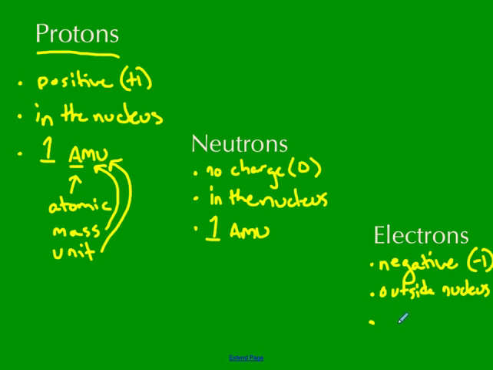So therefore, because they're almost 2,000 times smaller, we say that they are more or less 0 AMU. So they have no mass, or they are massless in terms of atomic mass units. We know that they do have mass, but it's so small compared to the other two that it's not going to affect the atomic mass as much. Alright, so once again, that was charge, location, and mass for each of those.